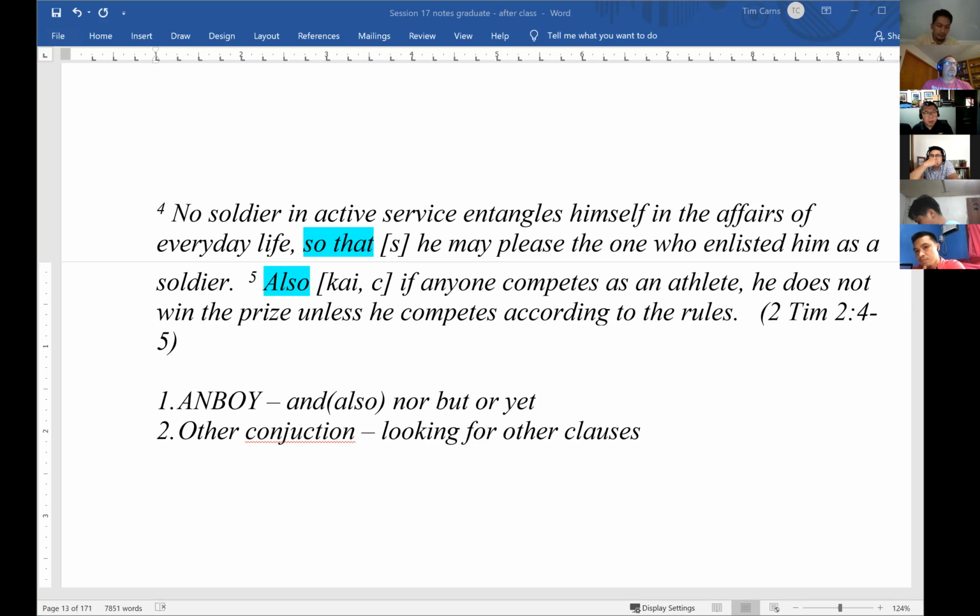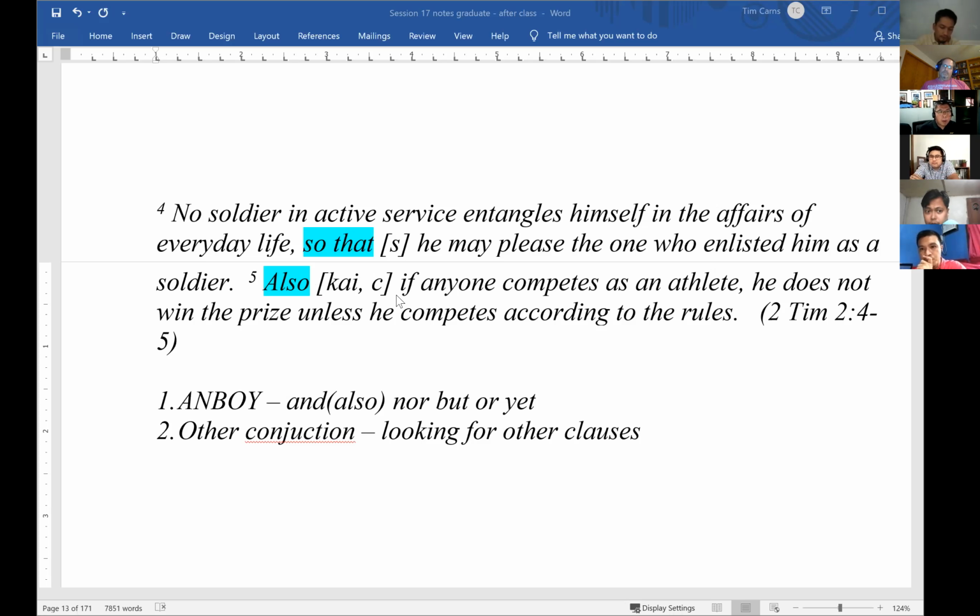The ESV translated it as, oh, it didn't even put in the conjunction there. Wow. And then the NAS put "also." So the New King James actually did this correctly. It says, "And if anyone competes as an athlete."